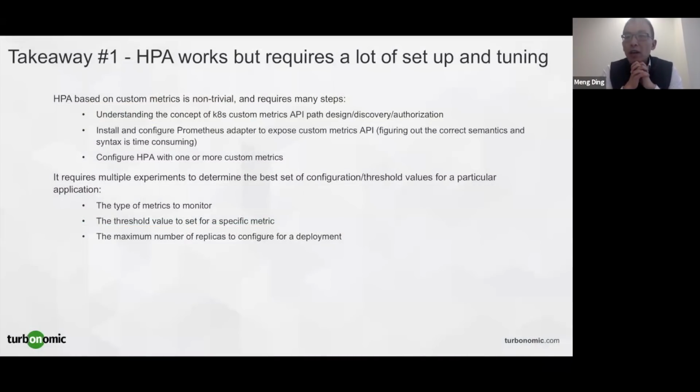So I want to talk about the takeaways from our experiments. As I've just mentioned, the upstream Kubernetes HPA autoscale solution does work, but not before you spend a lot of time setting it up and then tuning it.